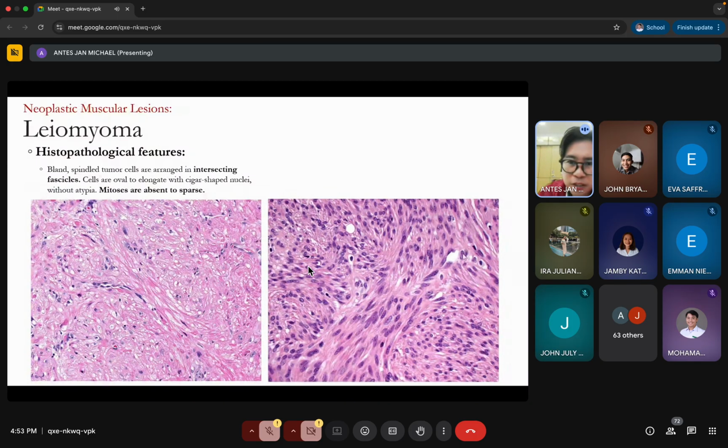In the longitudinal sections, you can see that cigar shape, but they are quite uniform in size and shape. In this section, the nuclei are more round, and you don't really see pleomorphism here.